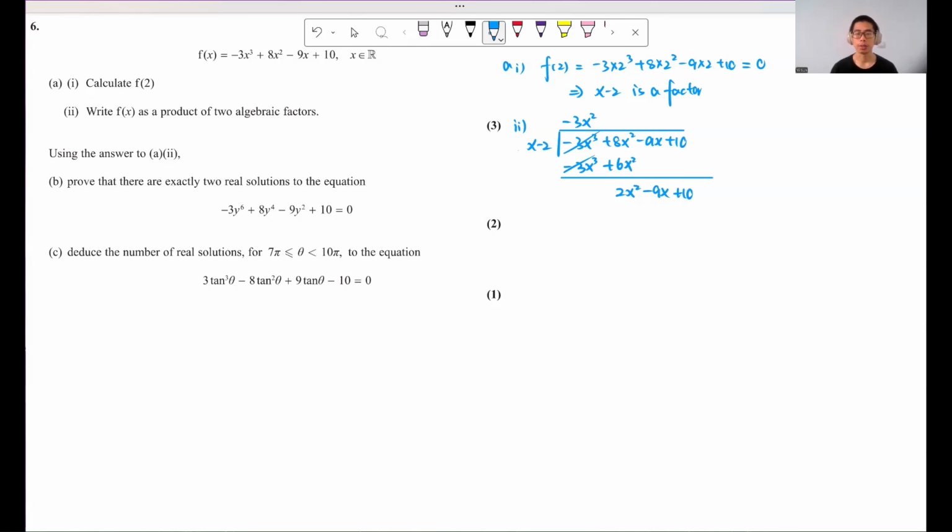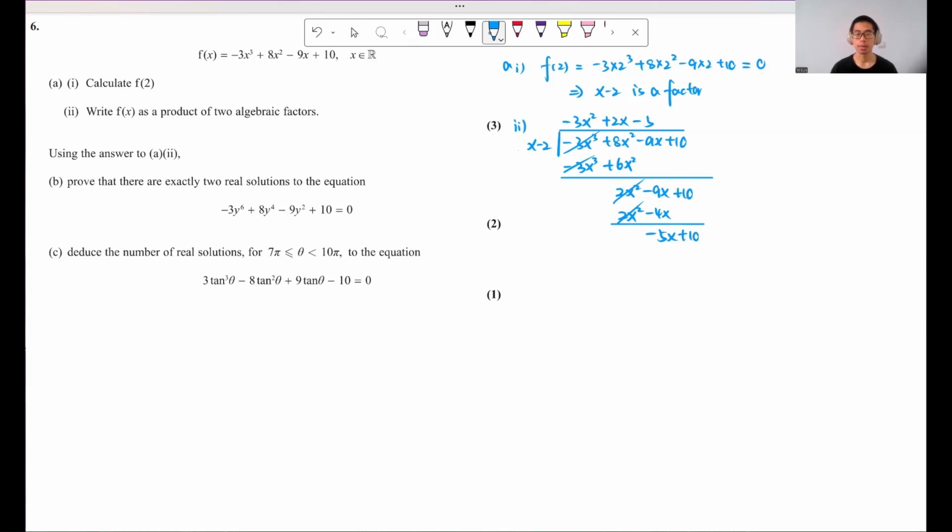So next, we times by 2x. 2x times x will give us 2x squared, and 2x times negative 2 will become negative 4x. So minus them, those two are cancelled, and negative 9x minus negative 4x would be negative 9 plus 4, which is negative 5x, and then bring down plus 10.